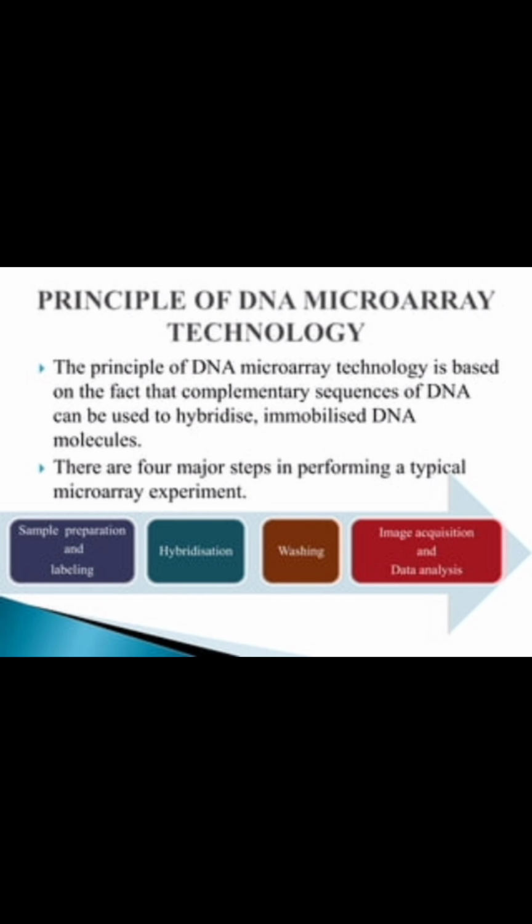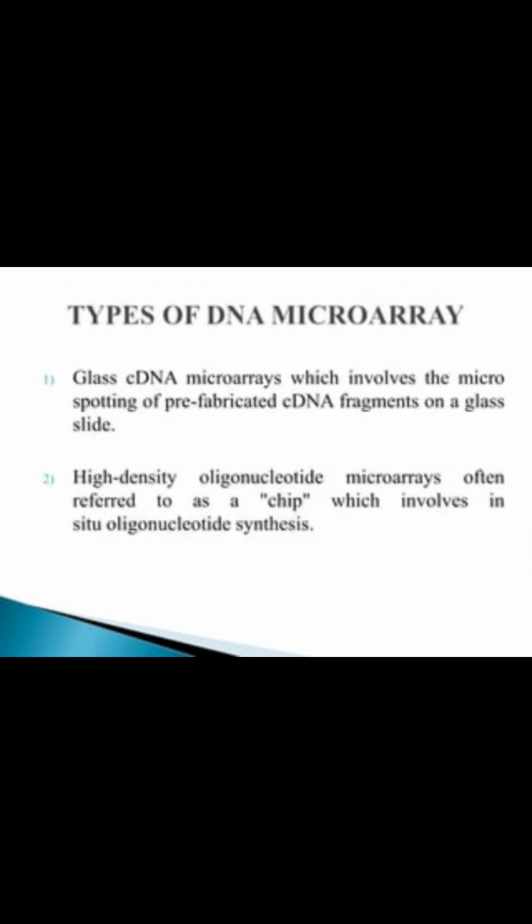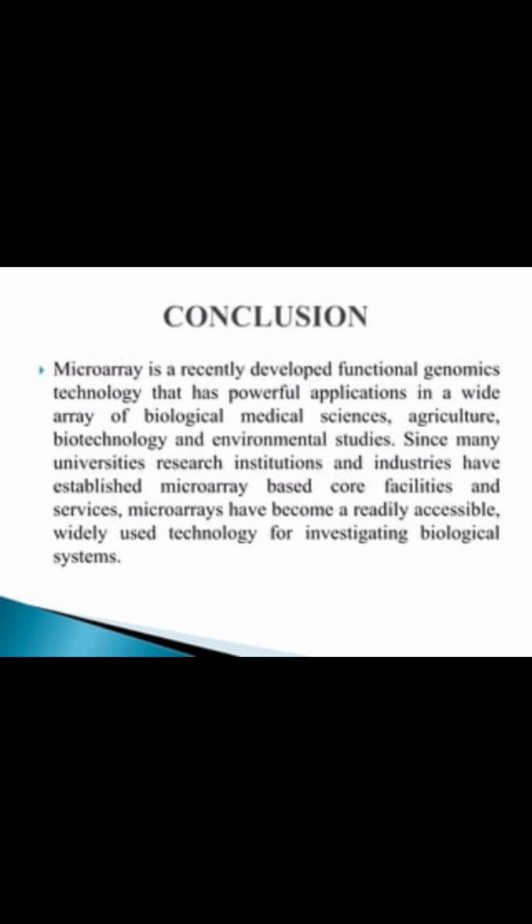The principle of DNA microarray is based on the fact that complementary sequences of DNA can be hybridized to immobilized DNA samples: sample preparation, testing, hybridization. Among the types of DNA arrays are the classic DNA microarray and the high-density oligonucleotide microarray, which is identified as chips. In conclusion, microarray is a recently developed functional genomic technology with powerful applications in science, agriculture, and a wide variety of services. Thank you.